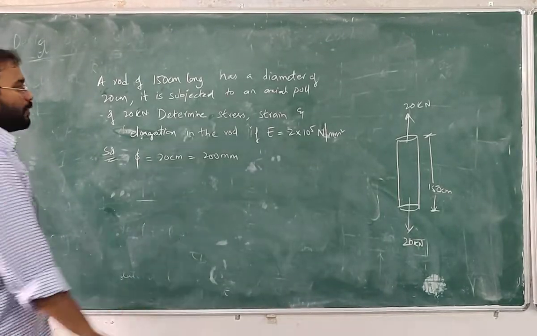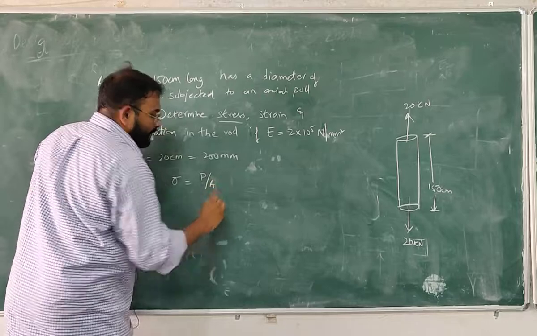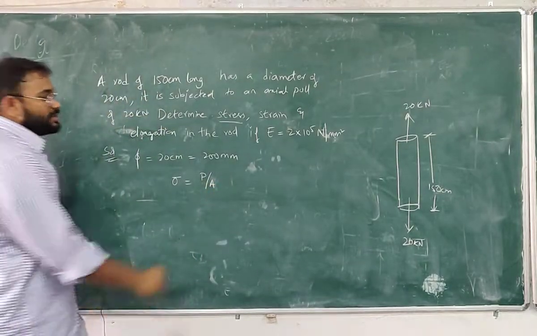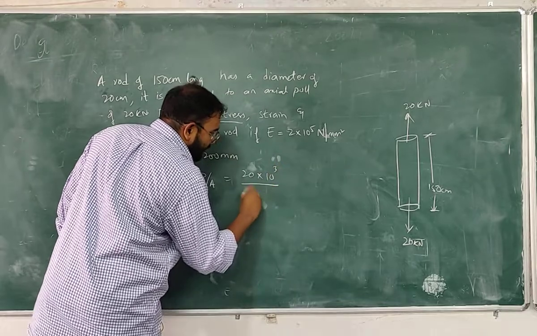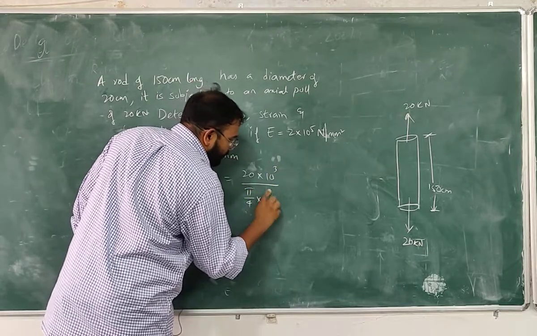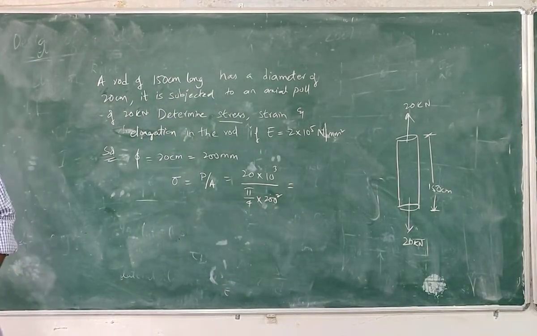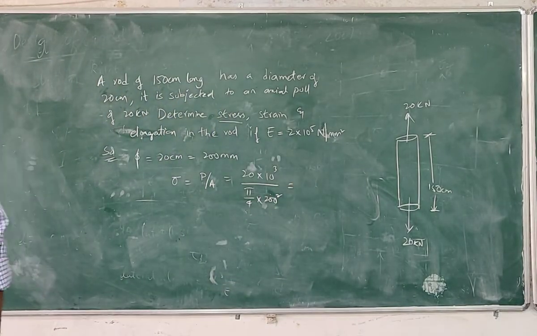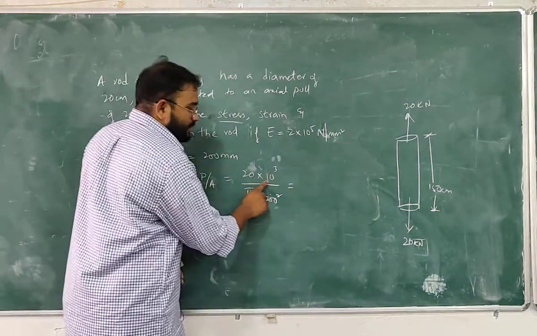Now if you want to calculate stress, stress will be equal to load by area. So how much is the load applied? 20 10 to the power of 3 divided by pi by 4 into 200 square. Please solve with the calculators. Why am I multiplying this 10 power 3?